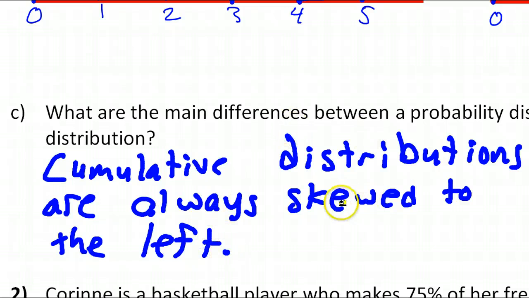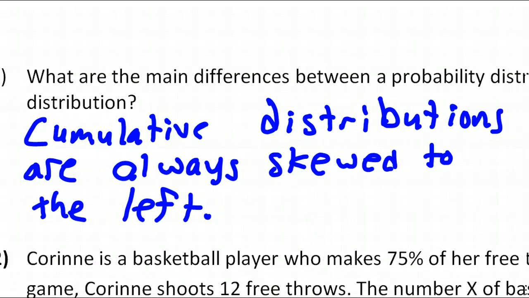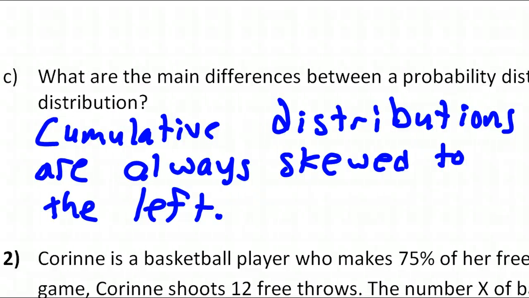Okay, normal probability distributions tend to be a lot more symmetric, although sometimes they can be skewed left or right.